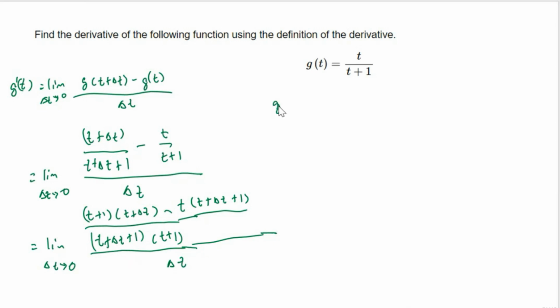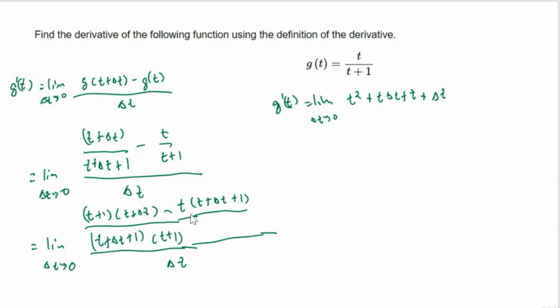So we have g prime of t is equal to the limit as delta t approaches 0. Multiply this one using the FOIL method. So t times t is equal to t squared. Then outer terms, t times delta t, we have plus t delta t. Then inner terms, 1 times t is equal to t. And last terms, 1 times delta t is equal to delta t.